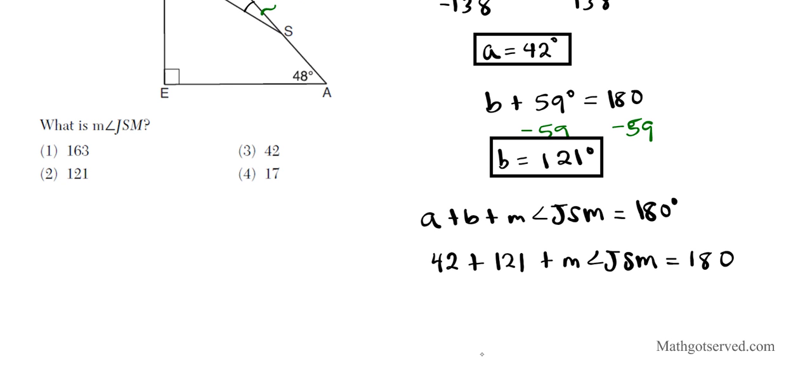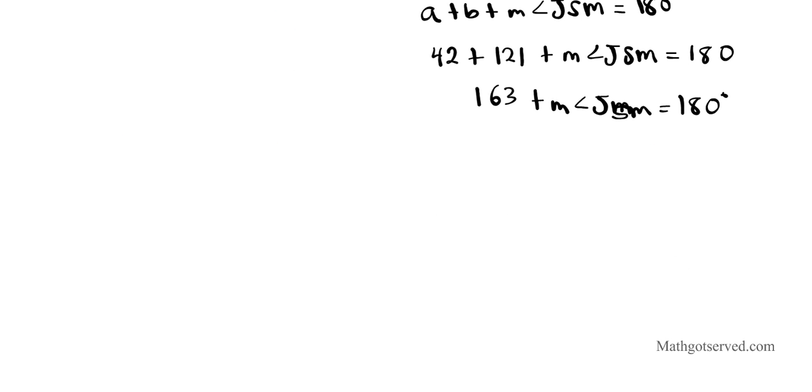All right, so let's see. If I add these two together, I'm going to have 163 plus the measure of angle GSM equals 180. So let's just subtract 163 from both sides. Let me write my GSM properly.